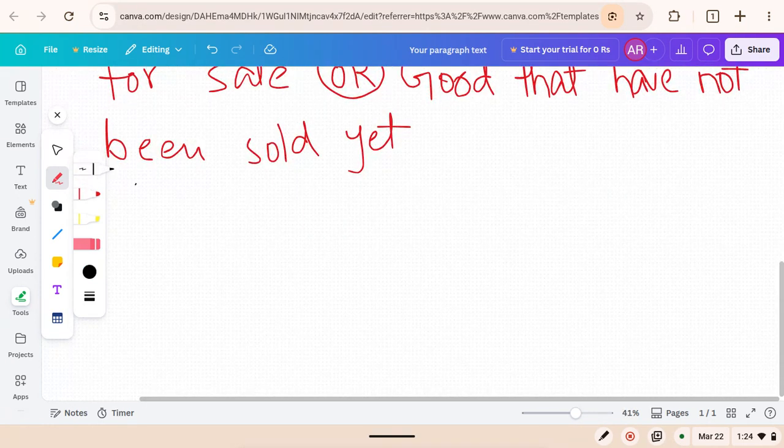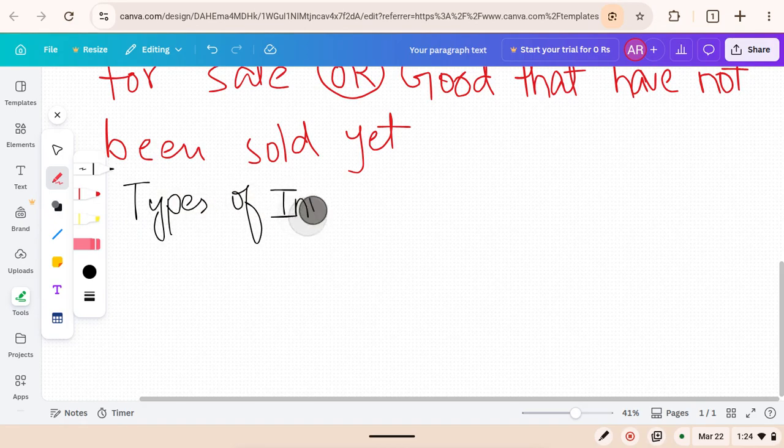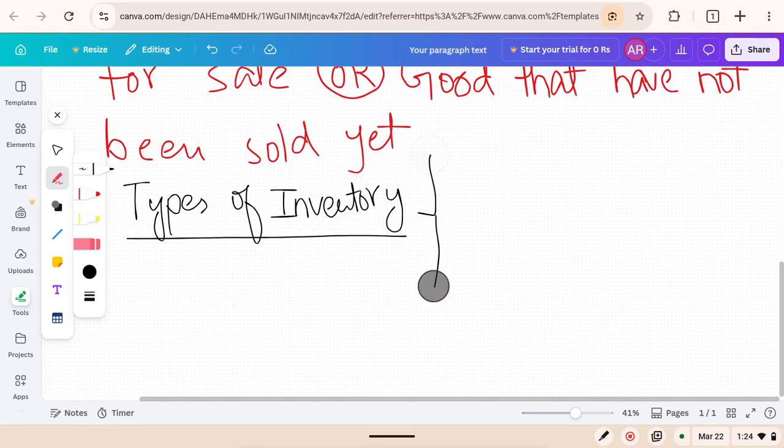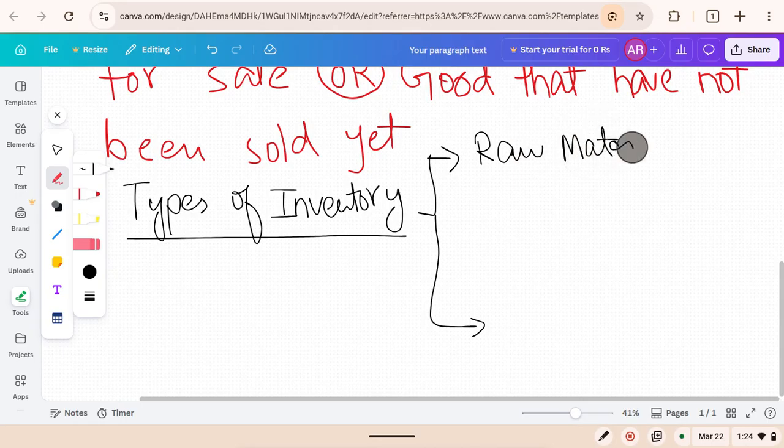There are three major types of inventory. Inventory can be in the form of raw materials, work in process, or finished goods.